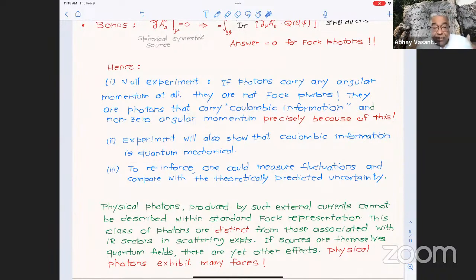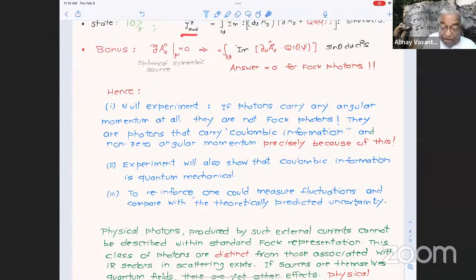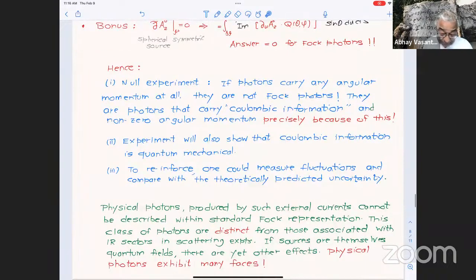The photons are carrying away this angular momentum thanks to the Coulombic information that is encoded with them. And to reinforce that they are quantum mechanical, we could even measure both the expectation value of this angular momentum and its fluctuation and see that it is really genuinely quantum mechanical. And that is something that can be done.